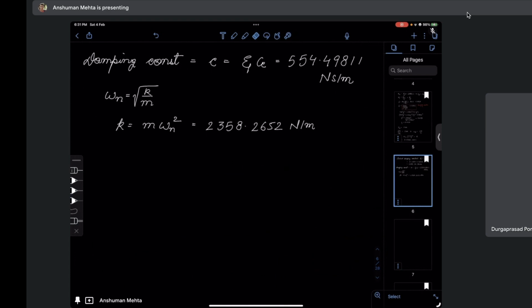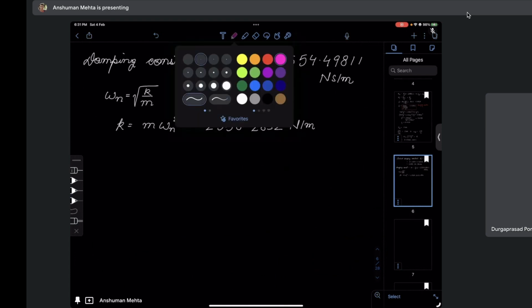Now we wanted to maximize the gain potential.